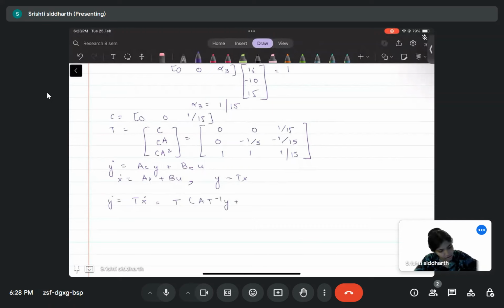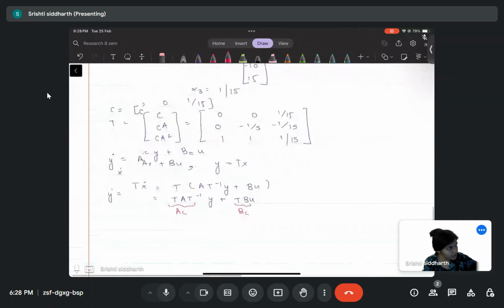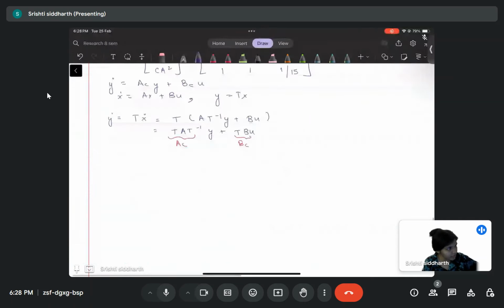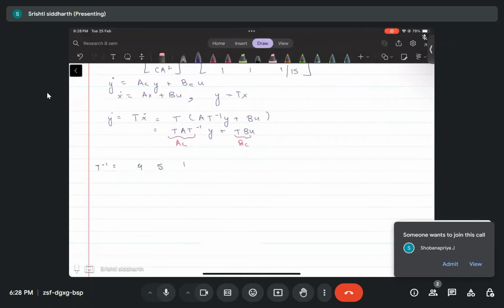Okay, so we also need T inverse. I'm going to write down the matrix directly. You can check this later. T inverse is 4, 5, 1, minus 5, minus 3, 0, 15, 0, 0. And now you can simply substitute in AC.